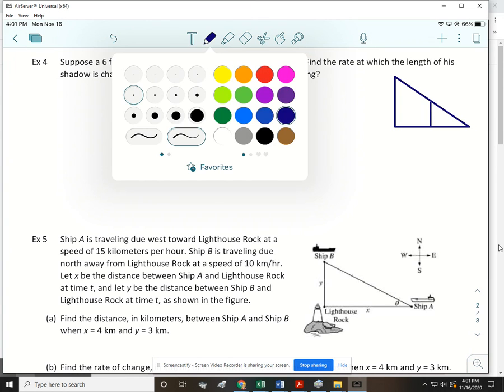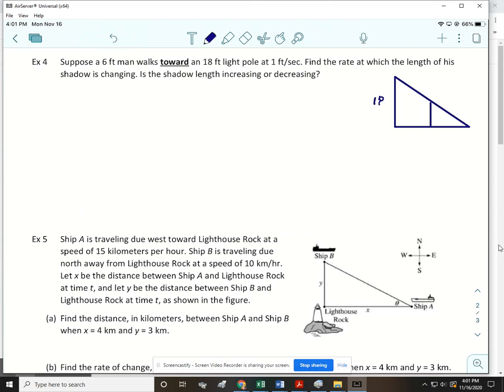Now, the pole isn't changing. It's always 18 feet. The guy isn't changing. His height isn't. But the shadow is changing. And the distance between the guy and the pole is changing. All right. So let's write what we're given. The guy's walking toward the pole.